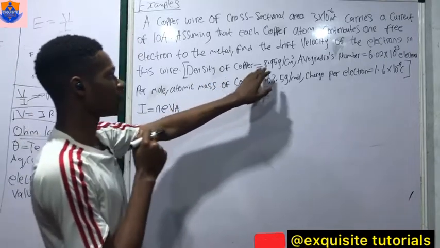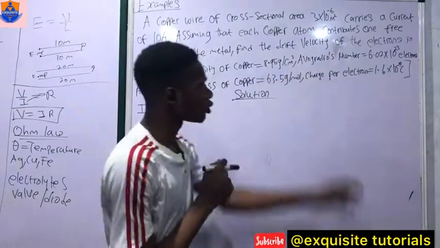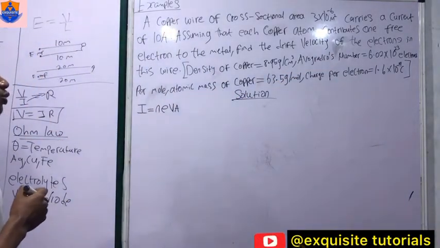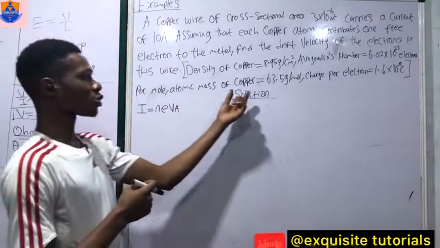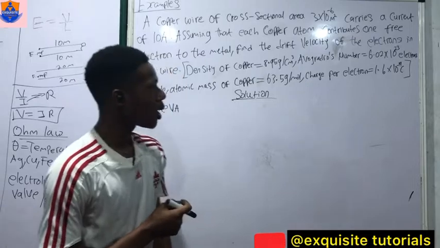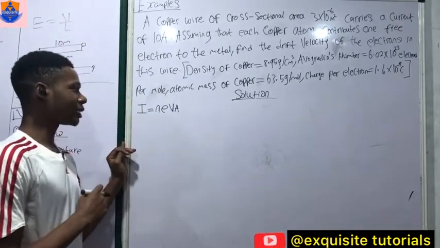The density of copper was given as 8.95 gram per centimeter cube, and Avogadro's number is 6.02 times 10 to the power of 23 electrons per mole. The atomic mass of copper was also given as 63.5 gram per mole, while the charge of an electron is 1.6 times 10 to the power minus 19 coulombs.